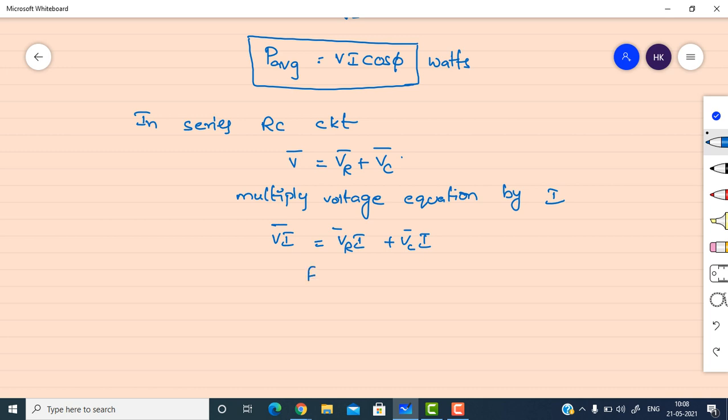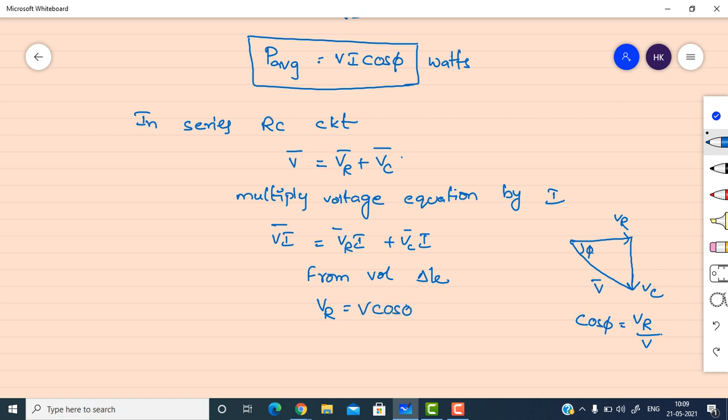Now from the voltage triangle, what is VR value and what is VC? This is your VR, this is VC, and this is V. From this, cos phi is equal to VR by V. So VR is equal to V into cos phi.